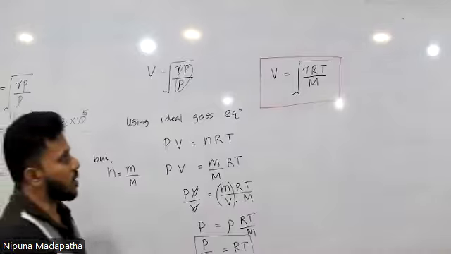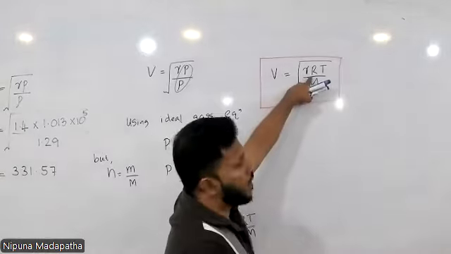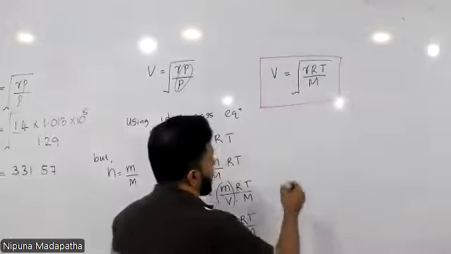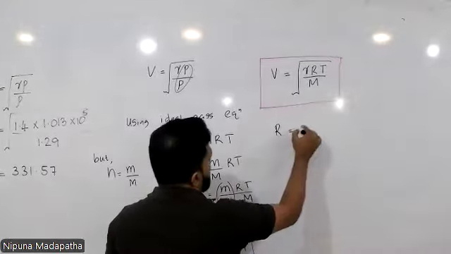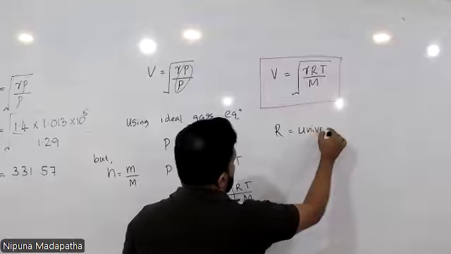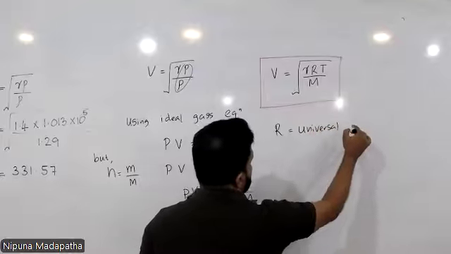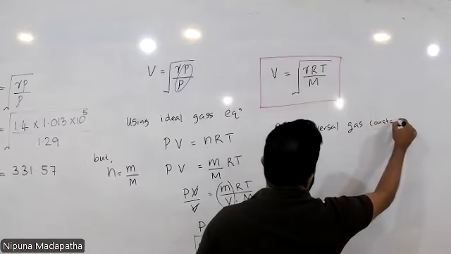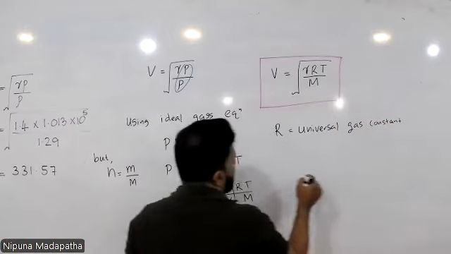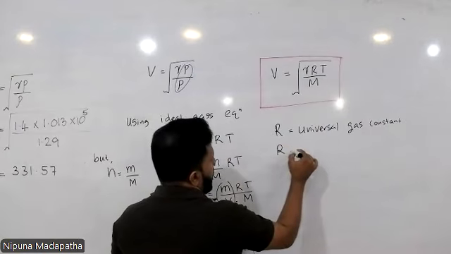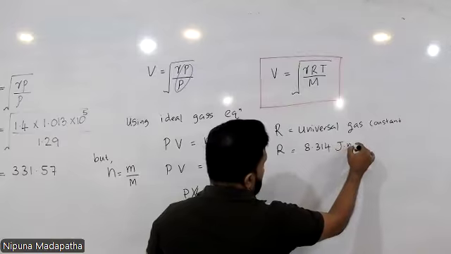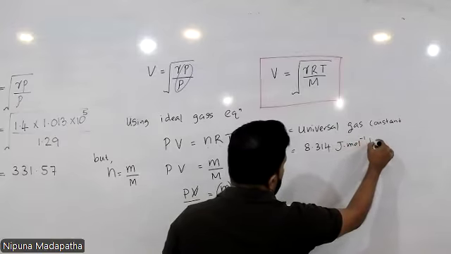So what is R here? R is the universal gas constant. The value of R is 8.314 joules per mole per Kelvin.